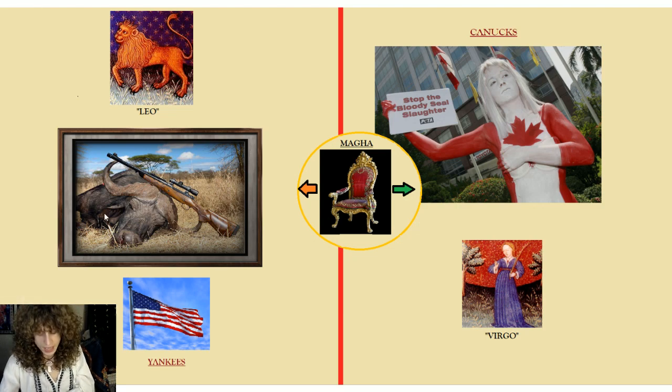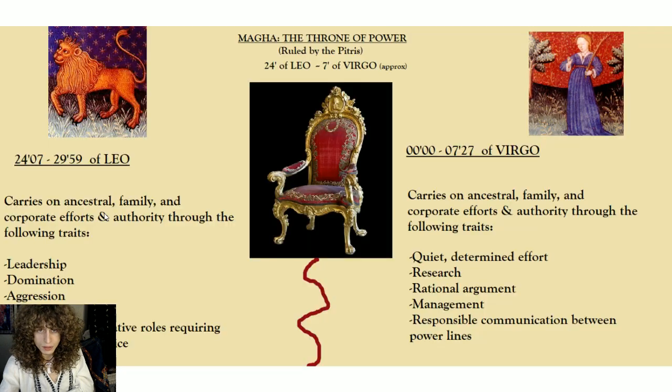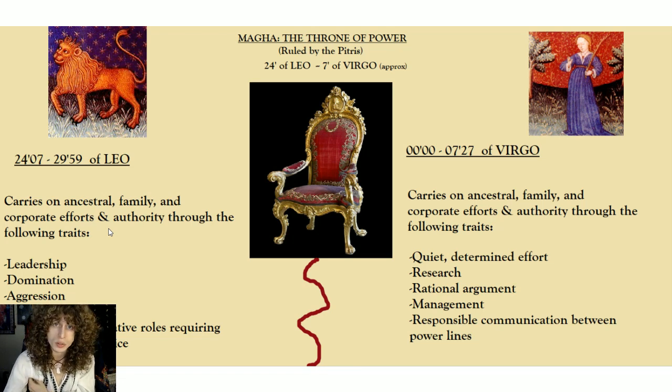Similarly, a Leo planet in the Nakshatra of Magha will express itself in more dominating ways, a little bit more slapdash, commanding and aggressive, will take on authoritative roles requiring power, honor, and sacrifice in order to express that planet's potentials.